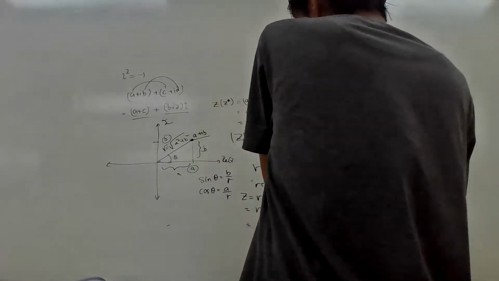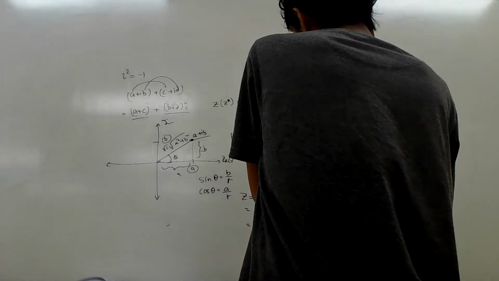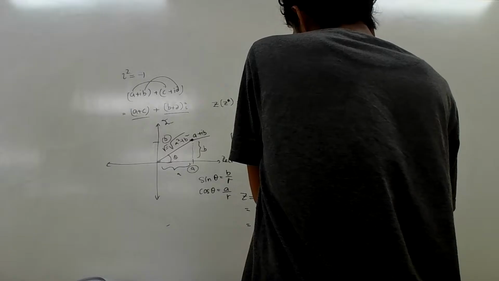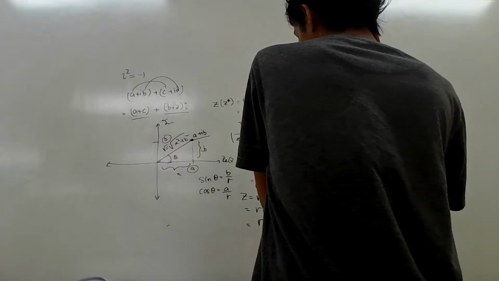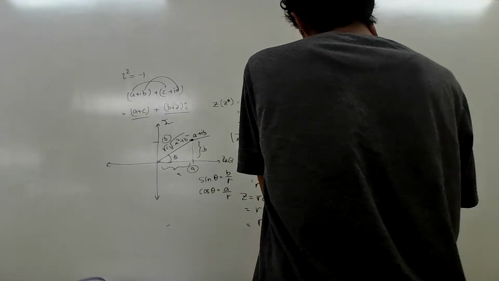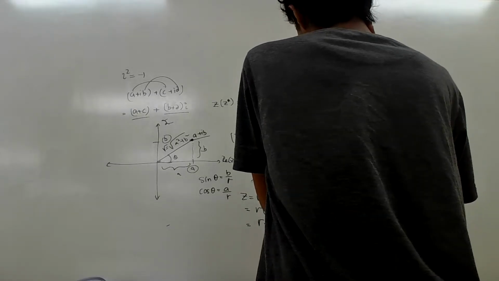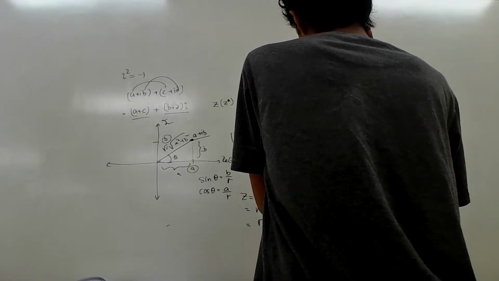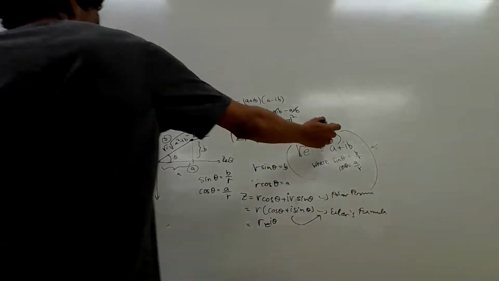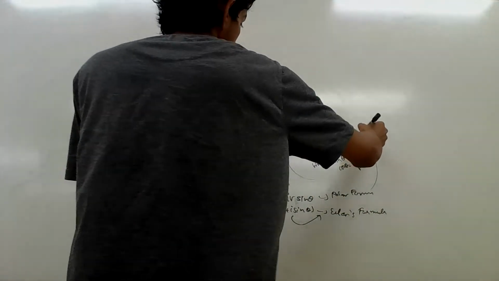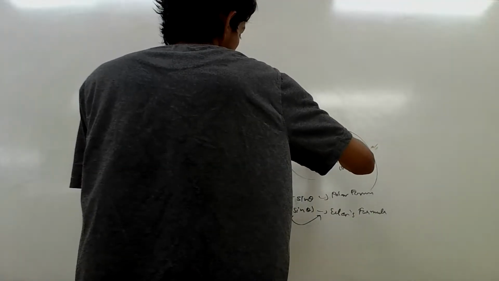These are interchangeable, where sine theta equals b by r and cos theta equals a by r. So this is another definition. These are interchangeable forms. This is the standard form. This is the polar form.